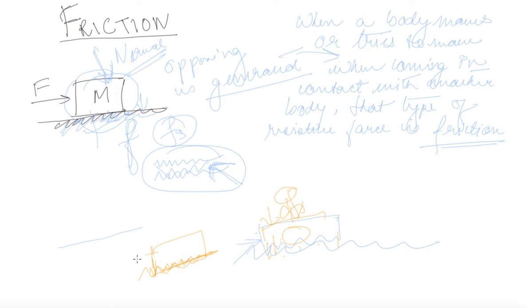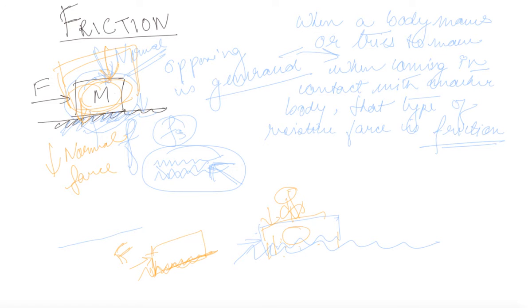So the pushing force that needs to be applied to move the object is much greater. So we have termed this the normal force, that is, the amount of force this particular object is putting on the surface. That is the normal force that the mass is giving to the surface.